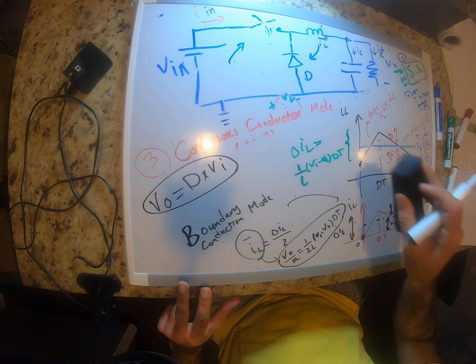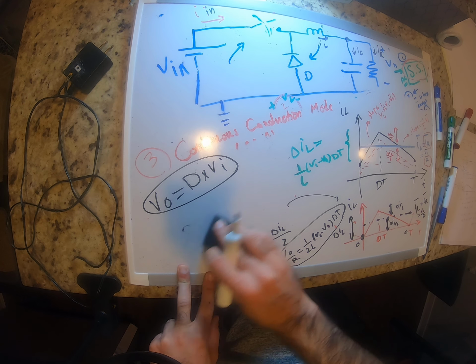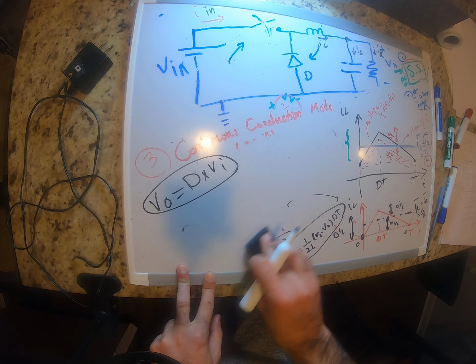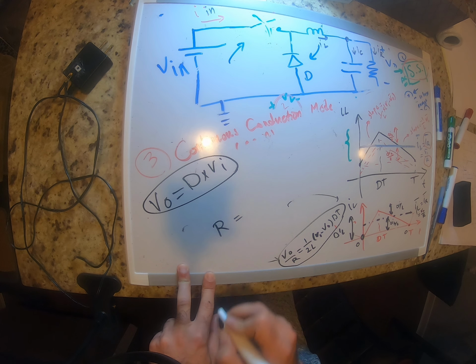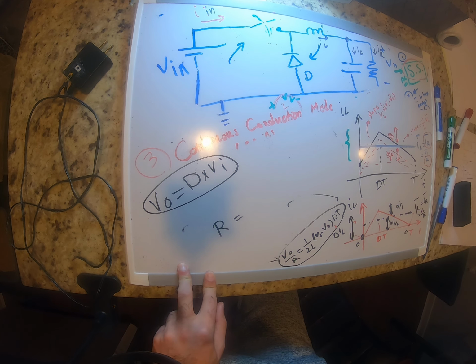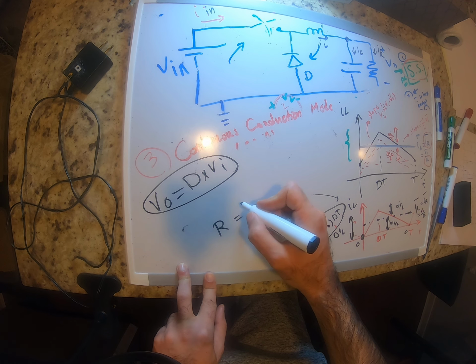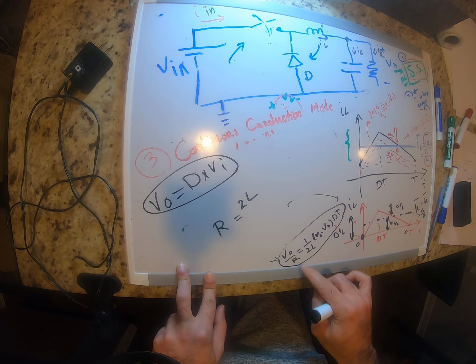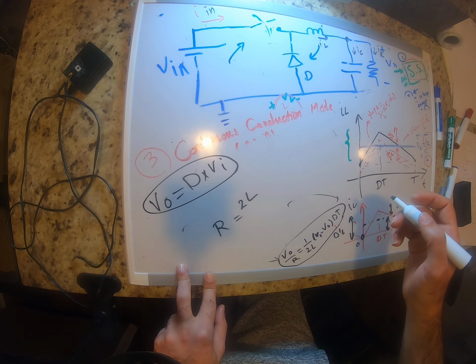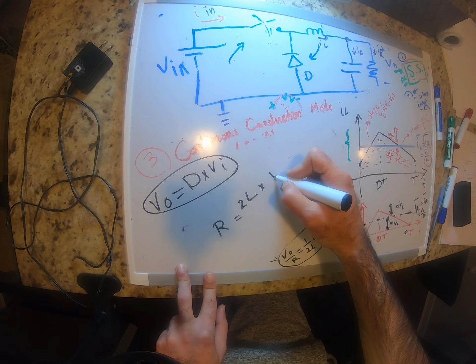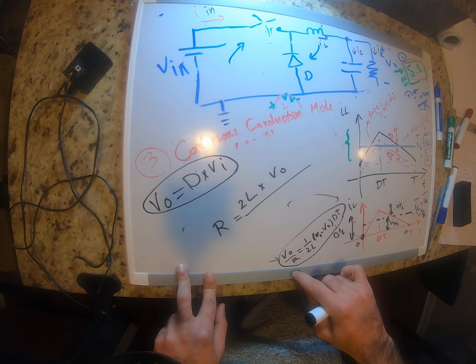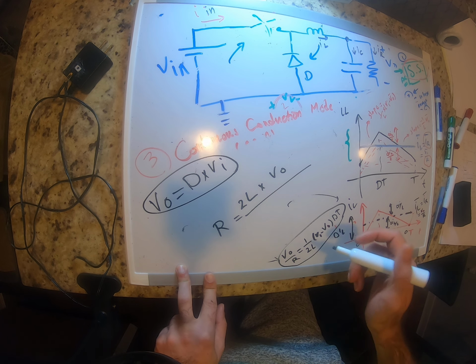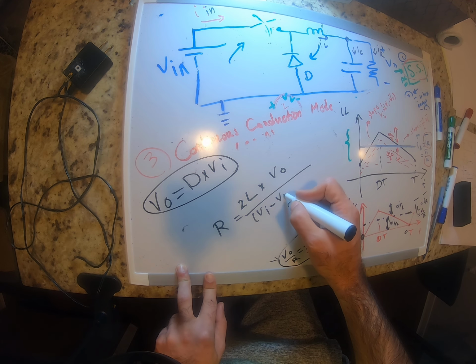Okay, so let me actually simplify this formula. R is going to be equal to 2L times VO divided by (VI minus VO) times dt.